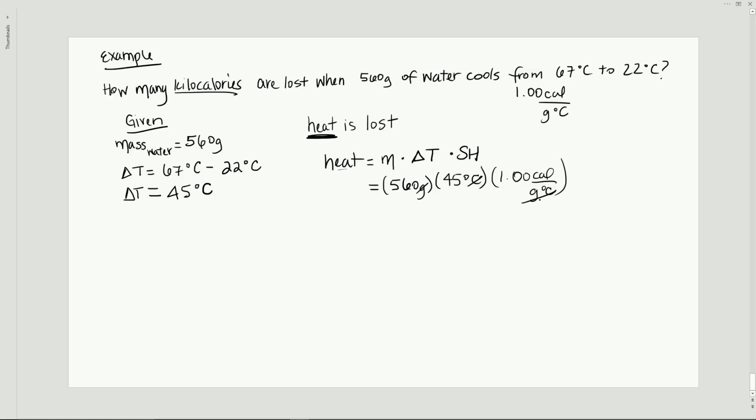If we do the math, we get 25,200 calories, lowercase calories.